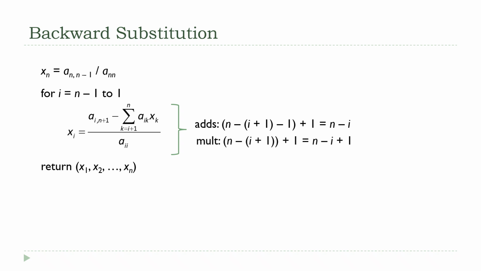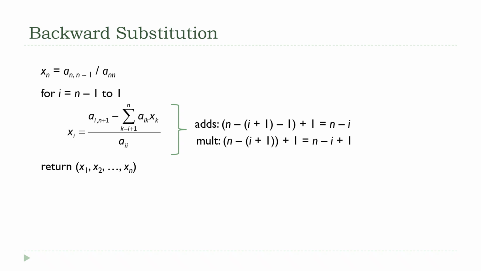Now for multiplications, we have to do n minus i plus 1 for the summation part. And then we're going to have to add 1 there too. That represents the division by the a sub i term, which gives us a total of n minus i plus 1 multiplication/divisions.